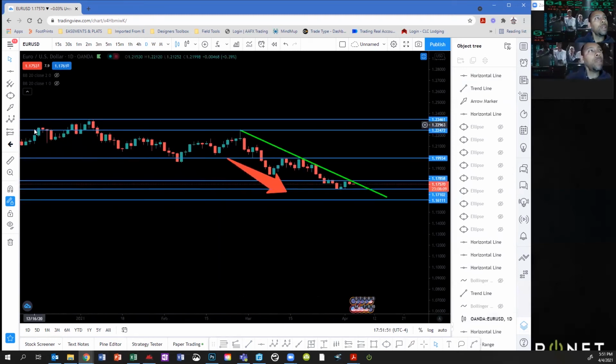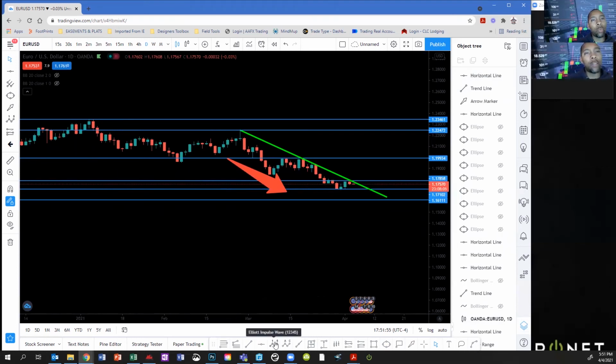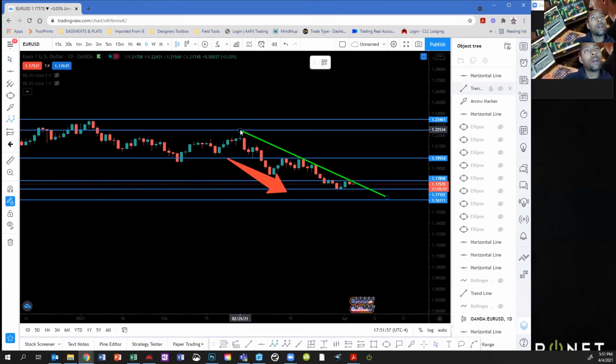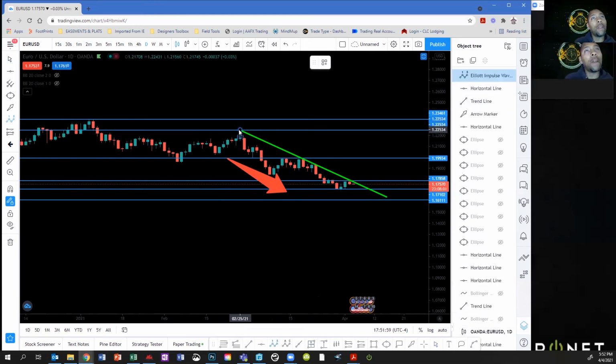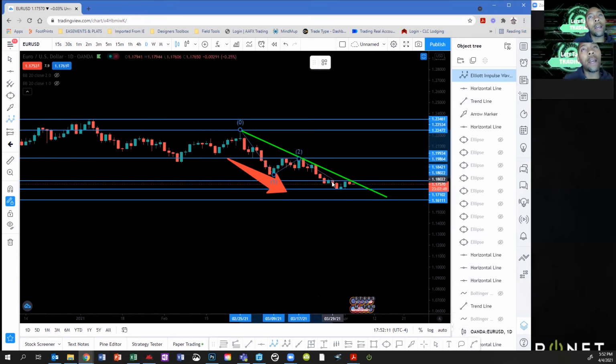Now, if we were also analyzing this using Elliott Wave, we start from the new higher high and come down to the low, and come back up to the next higher high. Then we come down to the low, come back up to the next high.